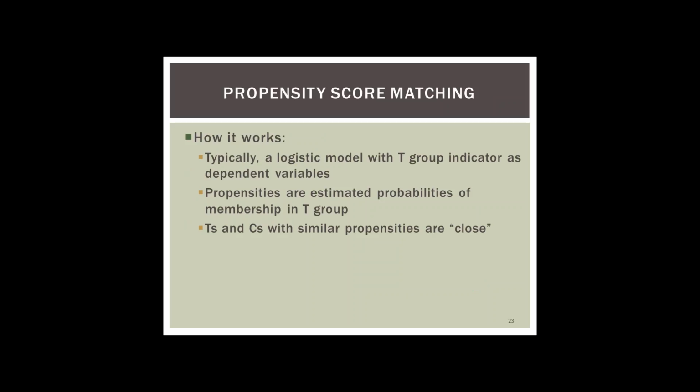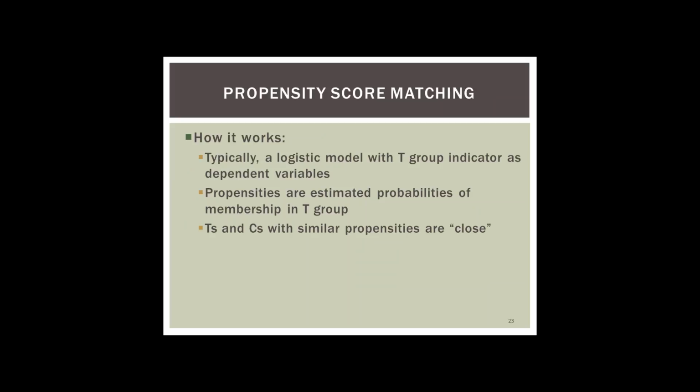The first is propensity score matching. But before we even talk about this metric, I want to give you some intuition of what a propensity score is. A propensity score is basically a model-estimated probability of being treated. That is, what is the probability of you being in the treatment group given what we know about you, using the covariates that we have measured.